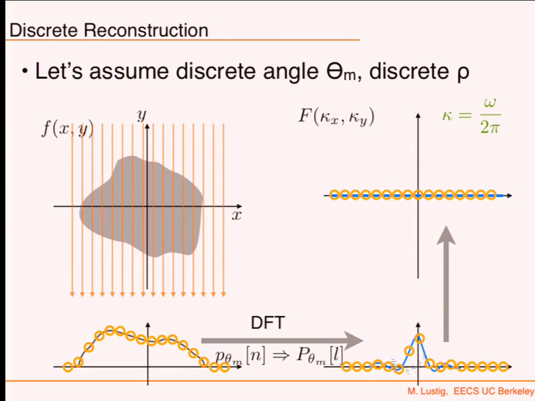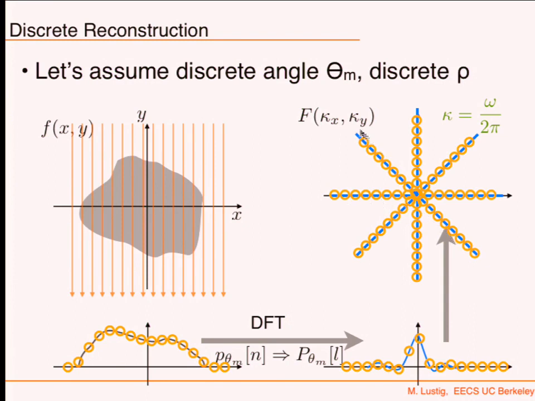And so I have this now discrete signal, which I'm going to map into the DTFT domain. So these are really samples of the DTFT of that object, the sampled object. And then when I make more projections, I will have this data along these projections.